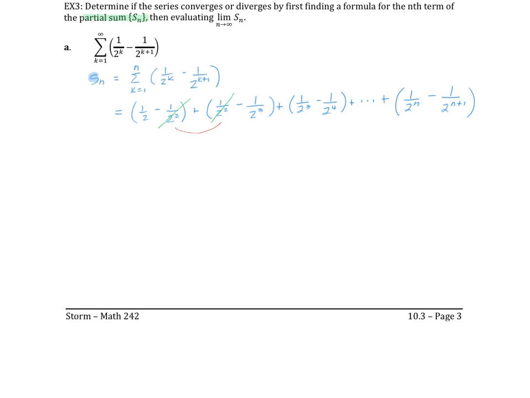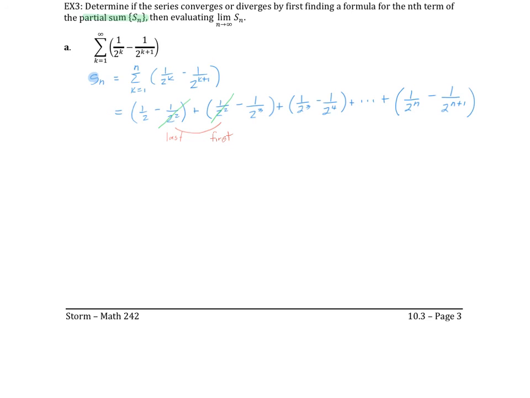So the pattern of canceling is, I'm going to look at the last and the first term, and they'll cancel. For example, if we look at the second set of parentheses, the minus 1 over 2 to the third and then the plus 1 over 2 to the third will cancel.